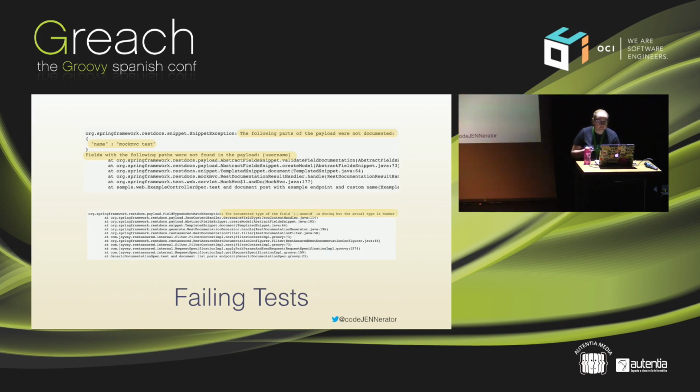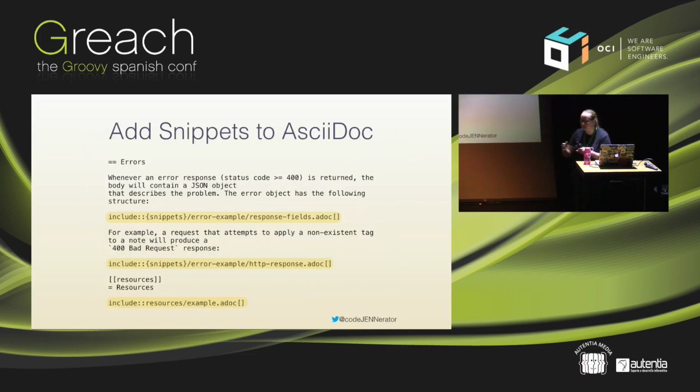Okay. So once you get all of your tests to pass, you're probably going to, or maybe probably do this in phases, include your snippets back into your AsciiDoc. And this is really just specific to the way that AsciiDoc and Asciidoctor work. And of course, if you want to learn more, there are lots of great talks about Asciidoctor and the Gradle plugin.